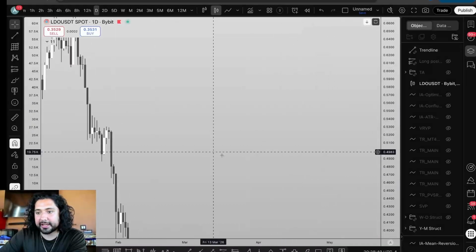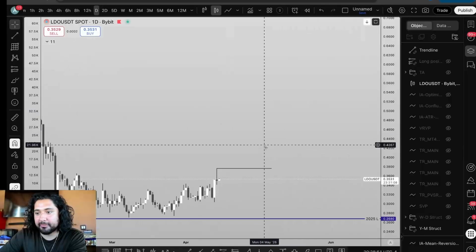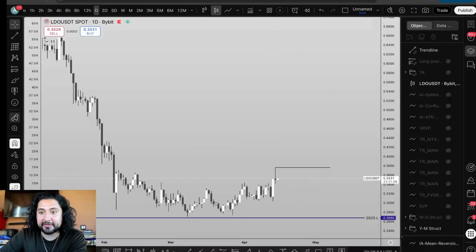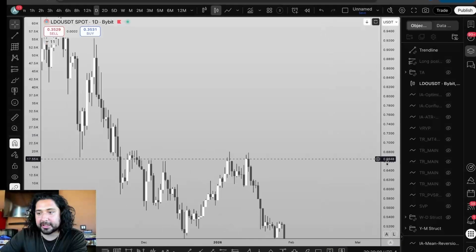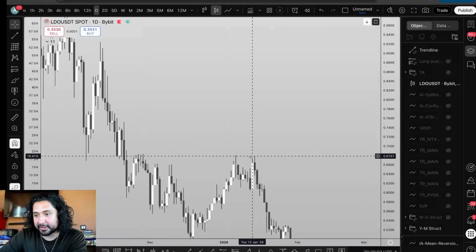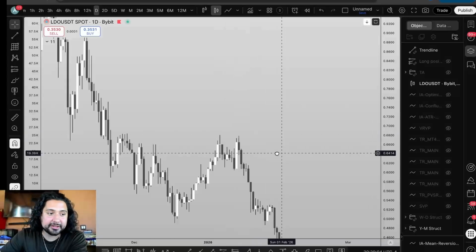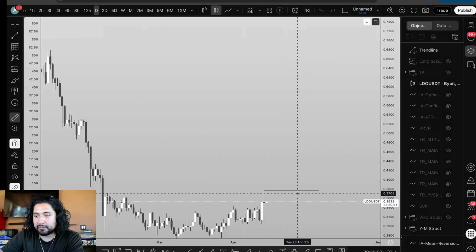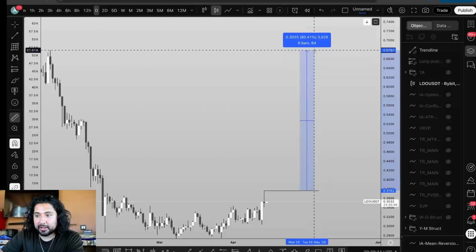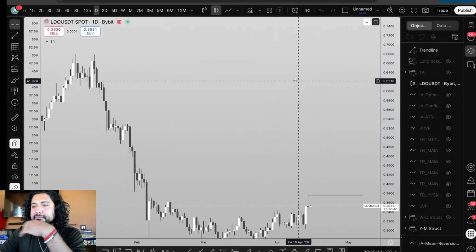But I guarantee my final target, at least to take 75% off, is above here, right here at 40% at 53 cents. And my last TP would be right here with all these equal highs. We have 1, 2, 3 equal highs that did not even take each other. And from there, that would be, remember, an 80% move.